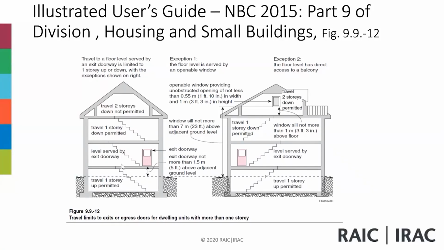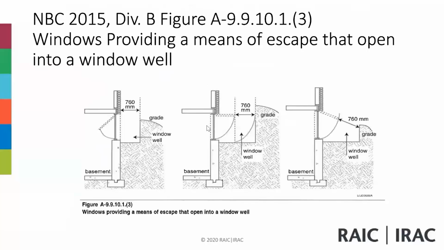And from the basement, you travel not more than 1 story to get to a floor level which leads you to an exit doorway. Here, because 2 stories down is not permitted, if it's occupied you need to make sure that you have a balcony. Travel 2 stories is permitted in this case. There are specific provisions for the balcony. Sorry about that.